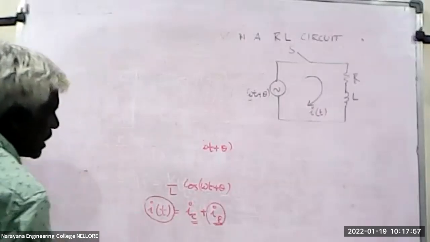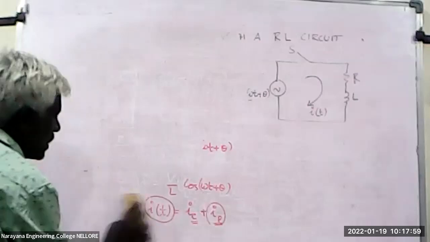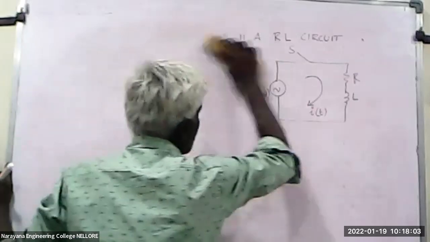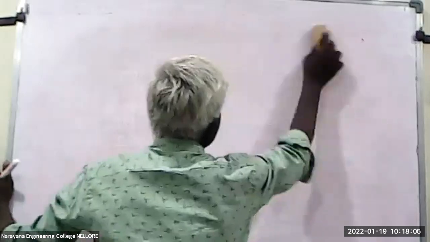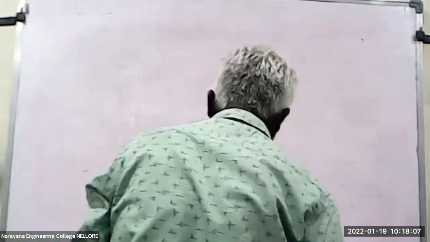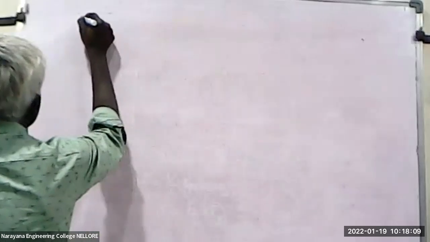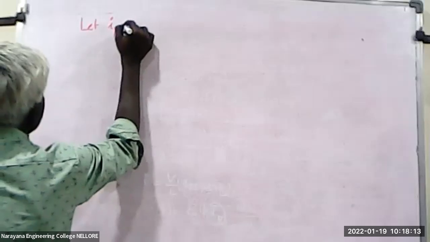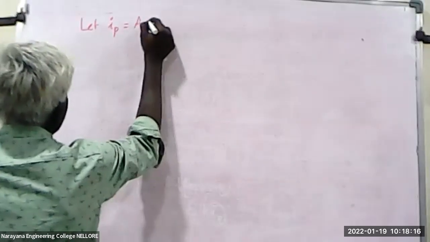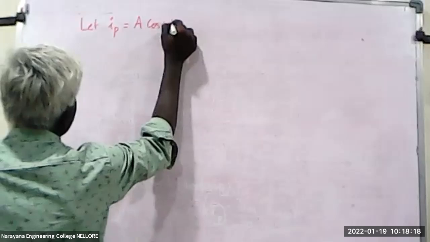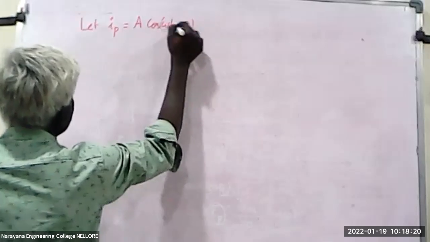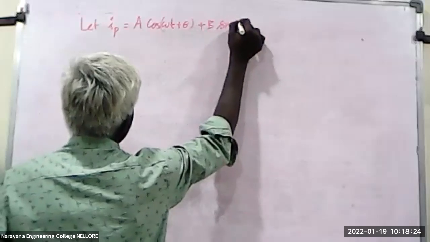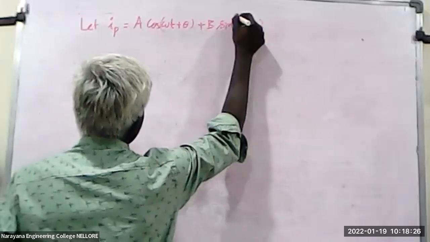So we need to find out the IP here. That is the steady state part of the circuit, the current part. Let IP is equal to A cos(ωt + θ) plus B sin(ωt + θ).